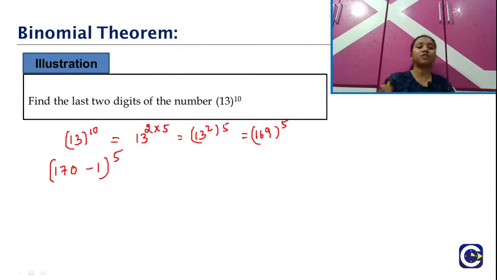So when we are trying to find the last 2 digits, 3 digits, there is one more condition: one of the numbers will be 1 and the other we will mostly try to make a multiple of 10. It can be a multiple of 10, 100, anything, but we mostly try for zeros at the end, so that we could easily simplify and get the last digits of the given number.